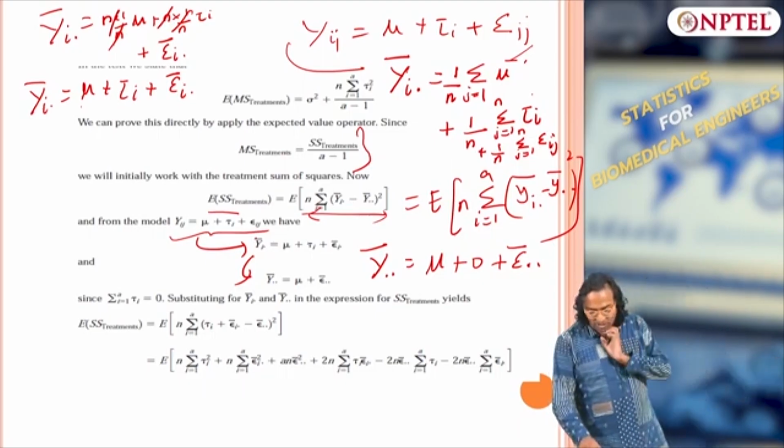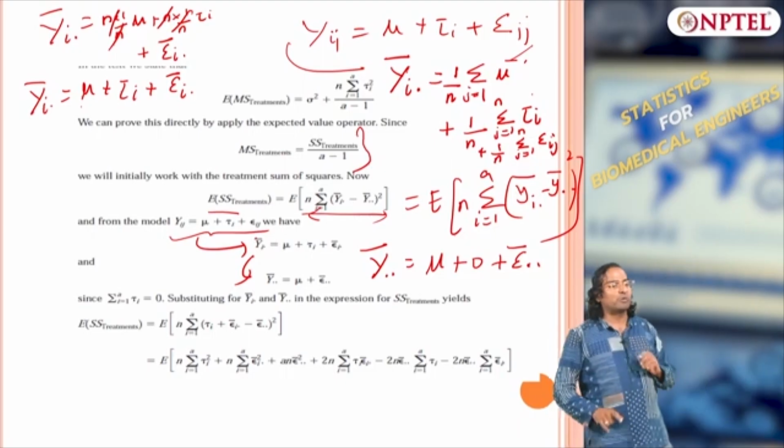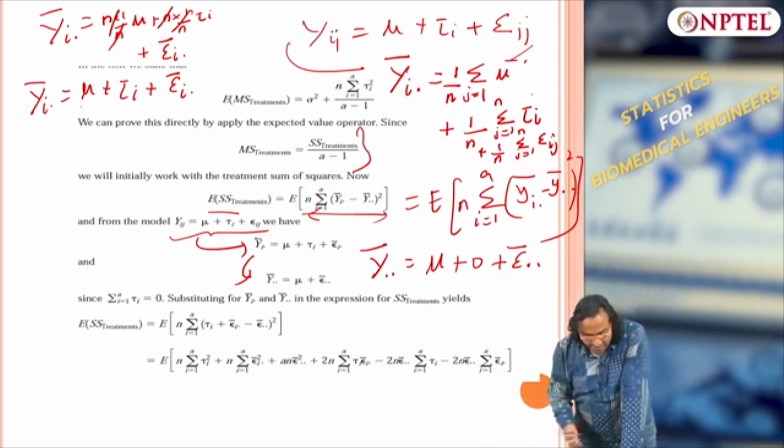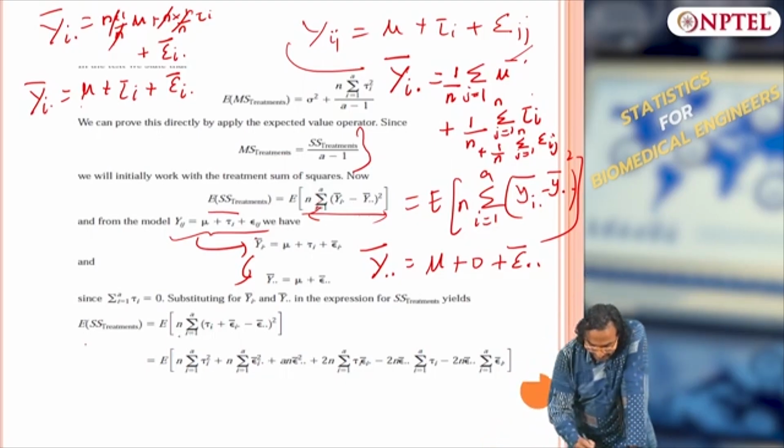Now I substitute these 2 terms in the equation. The expectation of sum square treatments is nothing but n times the summation of i equals 1 to a. What is y i dot bar?